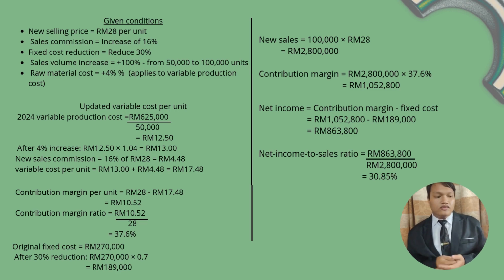We also need to find the new sales commission, where we take the 16%, double it, and multiply it with 28 ringgit, and we get 4 ringgit and 48 cent. Then we add both of them, and we get the variable cost per unit.